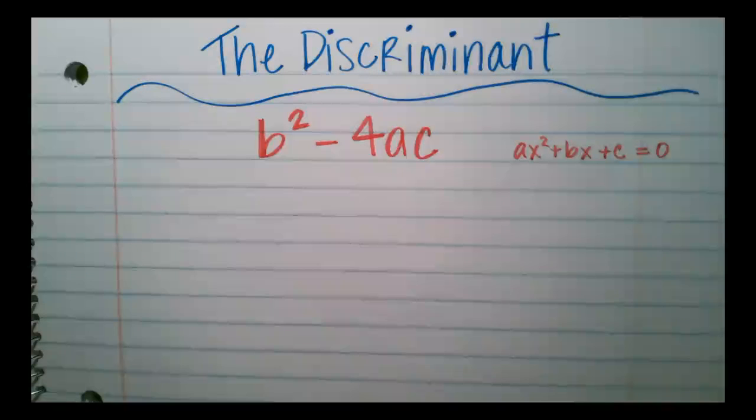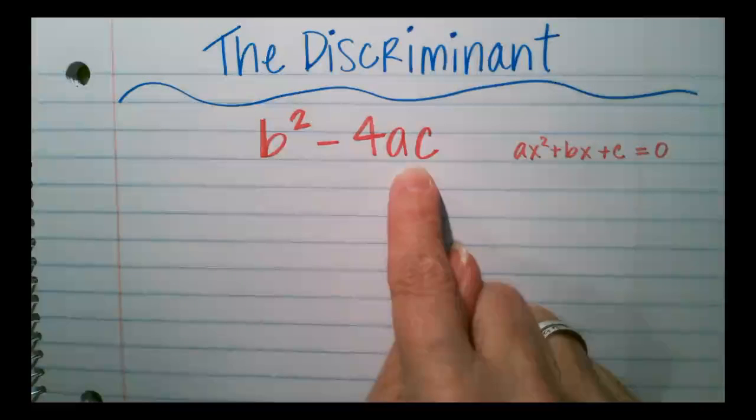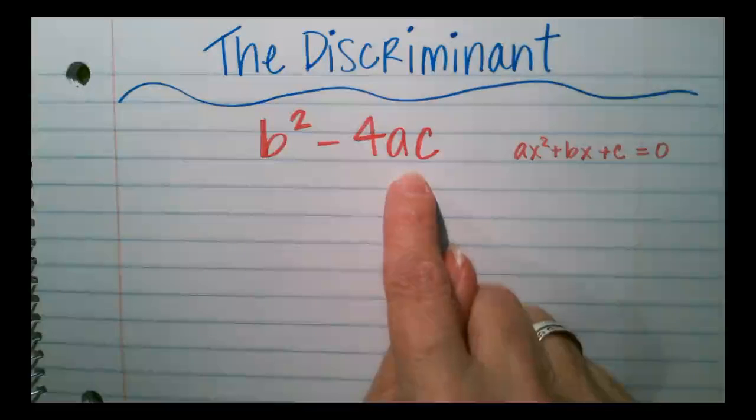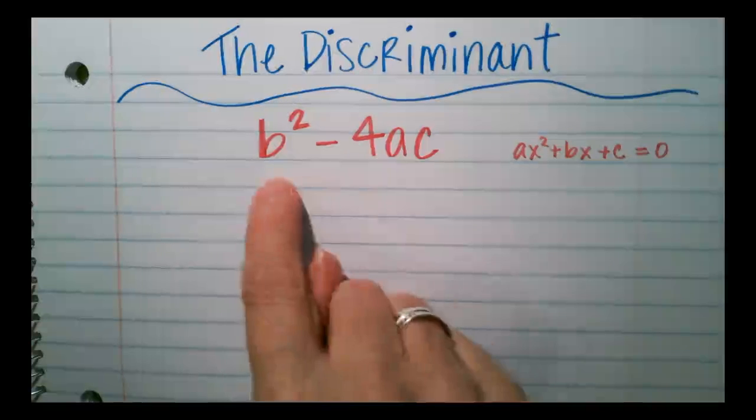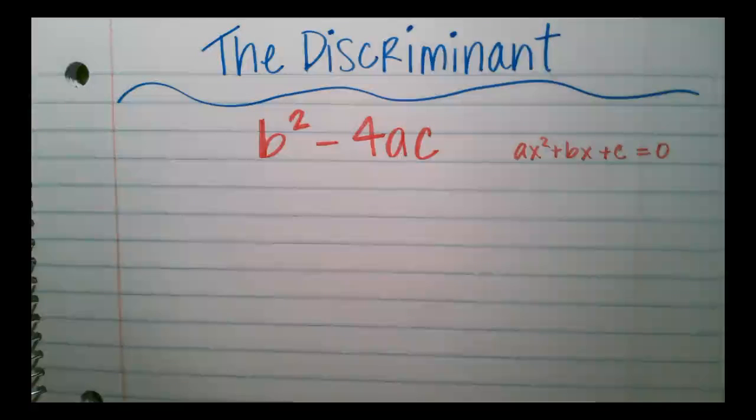There are three different things that can happen when you get your answer. You might get a positive answer, a negative answer, or 0. That's how we determine what kind of answers we will have.